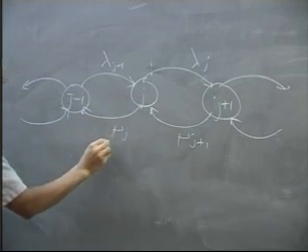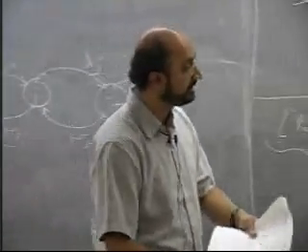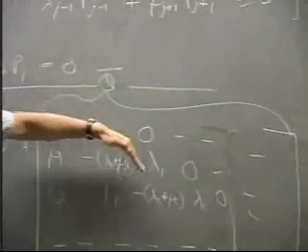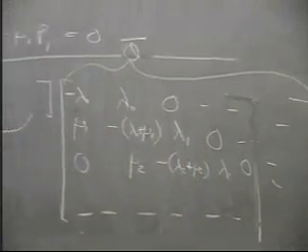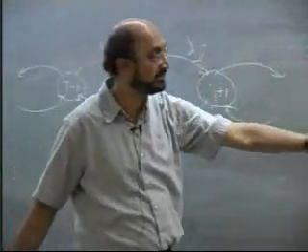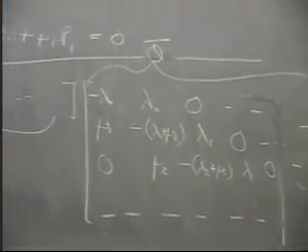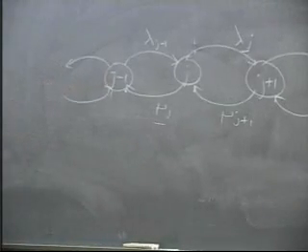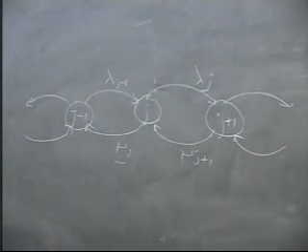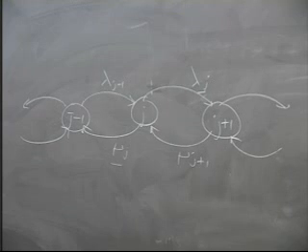And if you look at the elements above the diagonal, it's just lambda 0, lambda 1, lambda 2, lambda 3, and so on. These are just the values that you read off the top. And the elements at the bottom, below the diagonal, are just mu 1, mu 2, mu 3. So if you have a state transition rate figure, you can actually just write down the matrix by inspection.